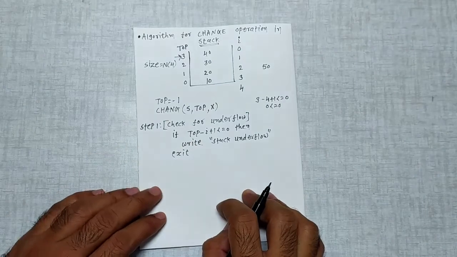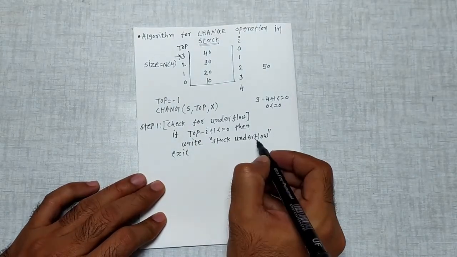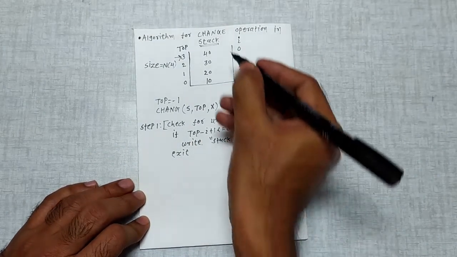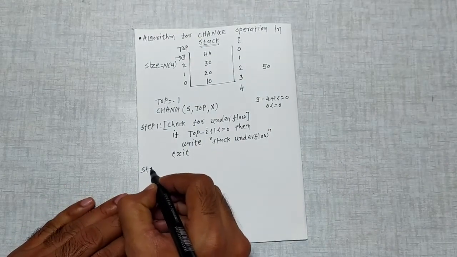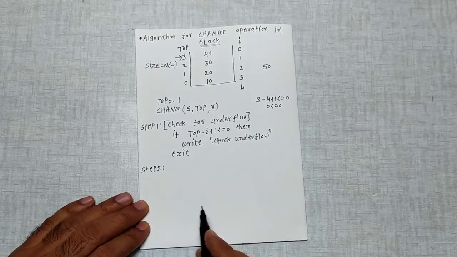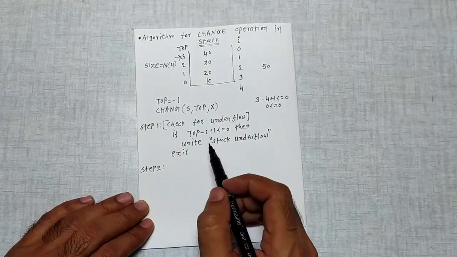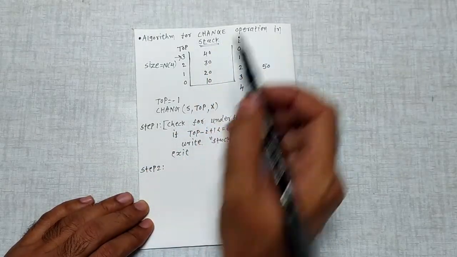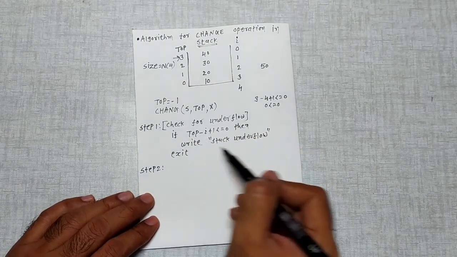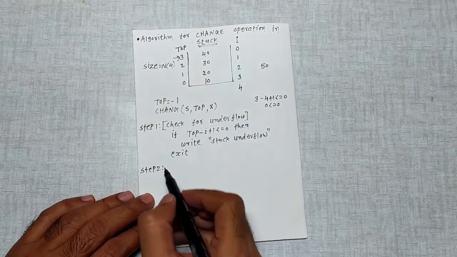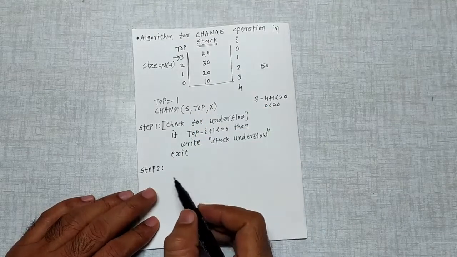So this condition is true, and it will display stack underflow, so we cannot perform the change operation. If this condition is not true, and this step we also did in the previous algorithm, the peep operation in stack, the same condition, so if your stack is not underflow, we can go ahead and exchange the element.